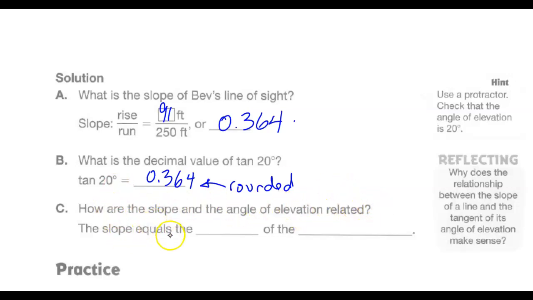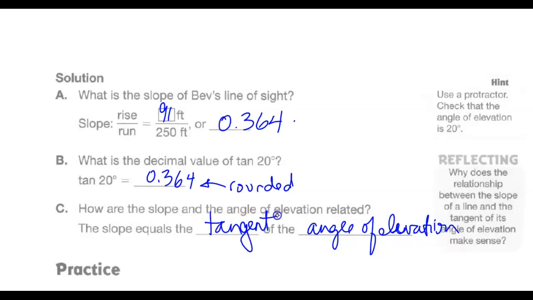So the slope equals the tangent of the angle of elevation. Right, so I guess I'll put the full word there. So if you know the angle of elevation, then you can calculate what the slope is. Vice versa, you can calculate what the angle of elevation is given the slope.